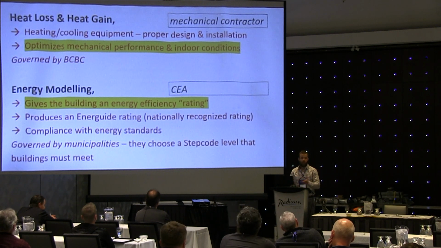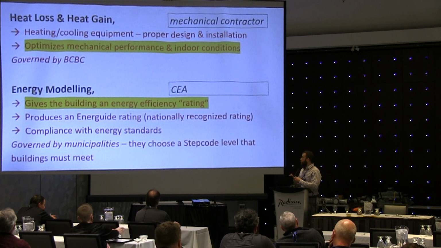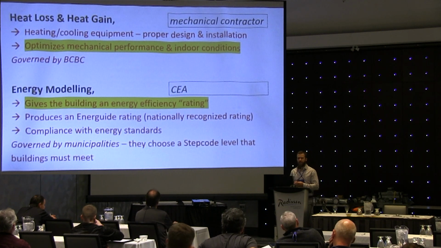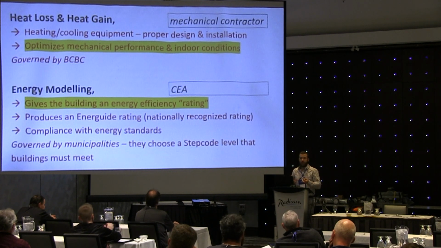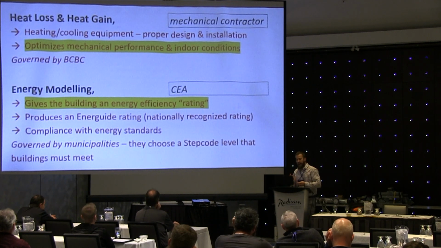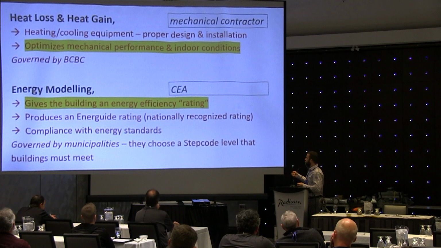You just get a value of power. But the energy modeler also considers things like internal gains in the winter that will help you. So it actually tries to estimate how much energy you're going to use in a year, all things considered. And yeah, that modeling that they do gives the building a rating. This is why anyone would hire an energy advisor, because they want a rating for the building.